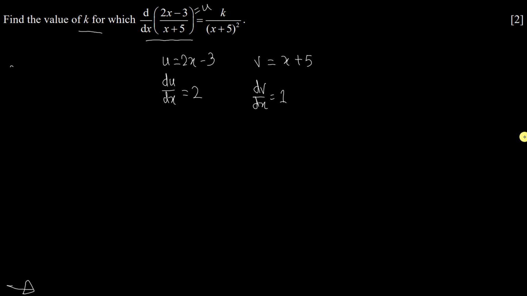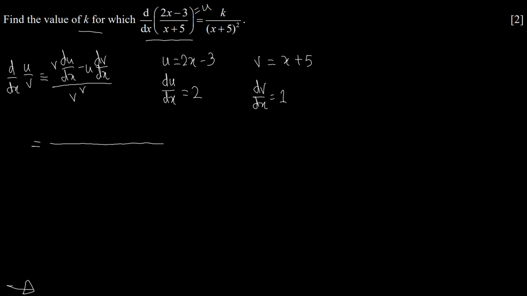Our formula: d by dx of u by v, we are going to put here v du by dx minus u dv by dx, then divided by v square. So let me put accordingly v, and du by dx is 2, so you can write directly the multiplication of these two terms, which is 2 into x plus 5.